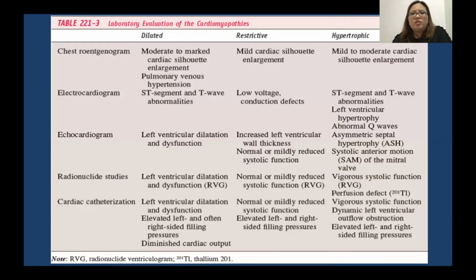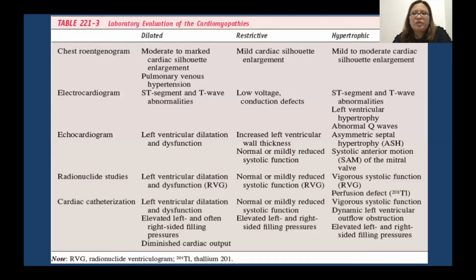So again, comparing the three cardiomyopathies based on diagnostic tests. For chest x-ray, for dilated cardiomyopathy, there is moderate to marked cardiac silhouette enlargement. There is pulmonary venous hypertension. For the restrictive, there is mild cardiac enlargement.